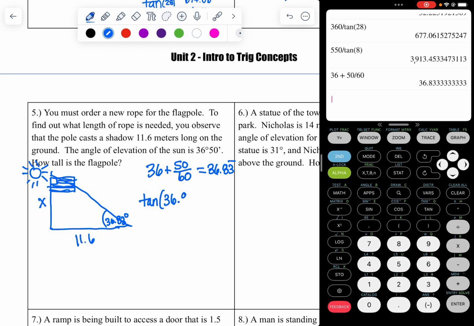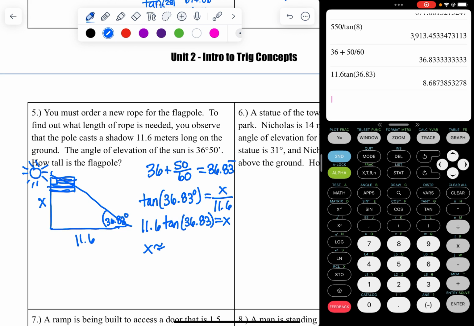So tangent of 36.83 degrees has to equal opposite over adjacent. And so we'll multiply by the 11.6 to get the x by itself. And so we'll see that the flagpole is approximately 8.69 meters tall.